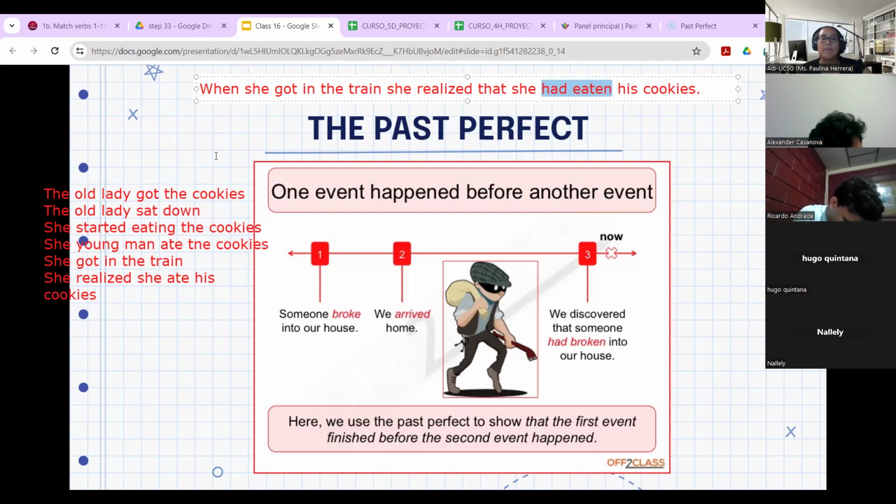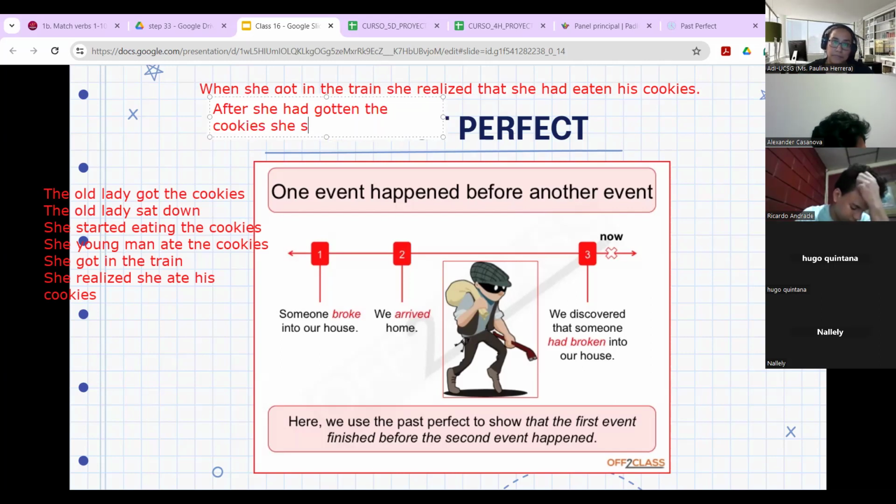Yeah? Let me give you another example. We have the lady got the cookies from the machine and she sat down. What happened first? She got the cookies. So I can make a sentence like this. After she had gotten the cookies, she sat on the bench.